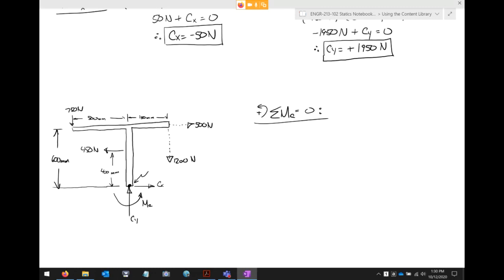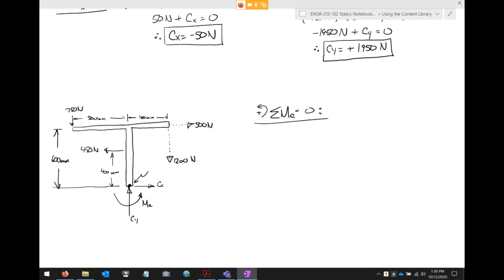All right. Positive moment or negative moment? Help me out there. There we go. And what is the moment arm? How far is that from C?